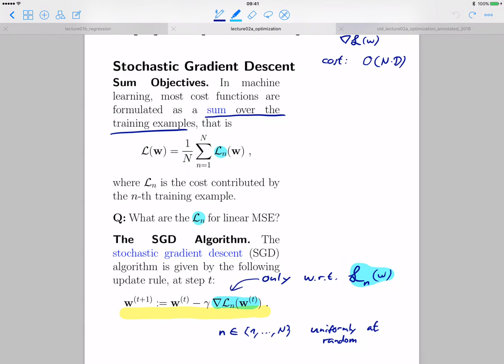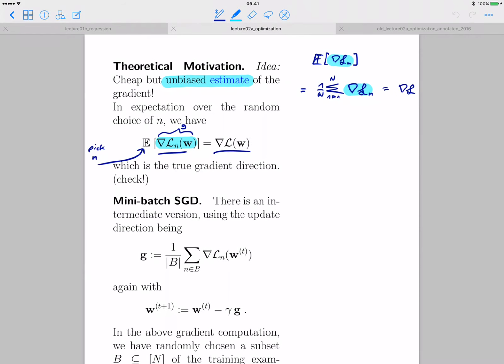Okay, that's stochastic gradient descent, and we said that yes, it has a nice property that actually the property that makes it work is the following, that if you just take the gradient with respect to one of these functions, you get something. It depends on which point you actually picked, which n you picked. But the nice thing is that this thing, we call it the G vector, which is the same thing as we then use in the step.